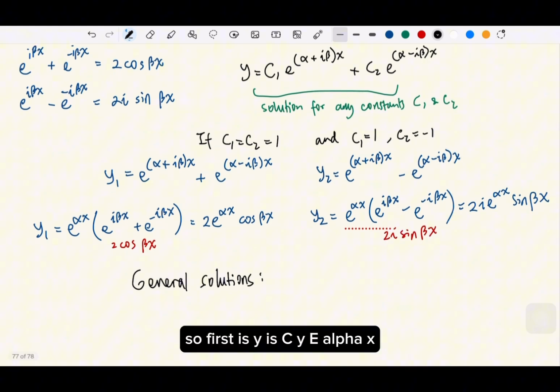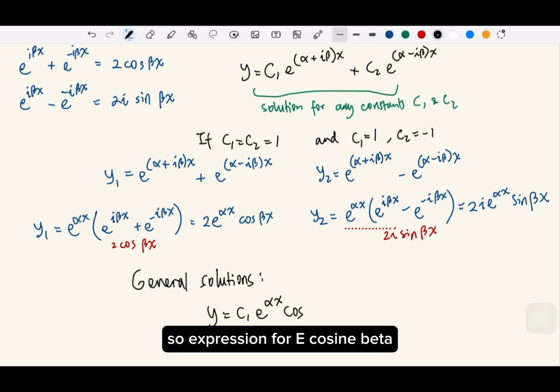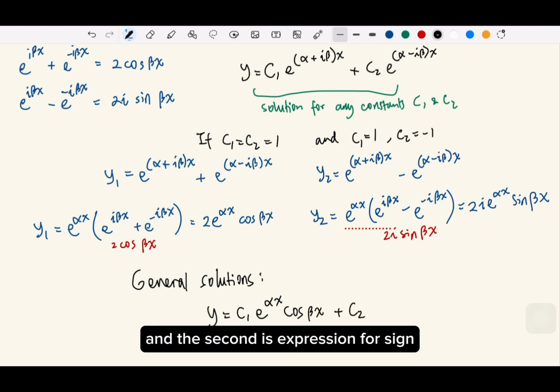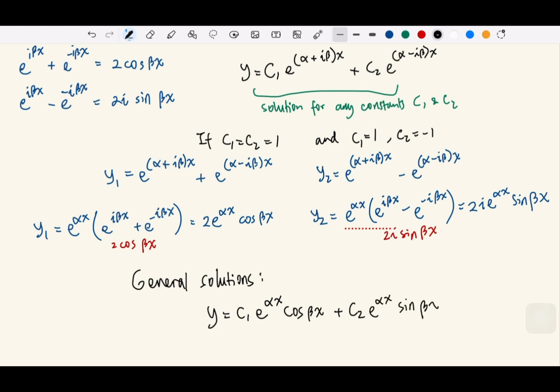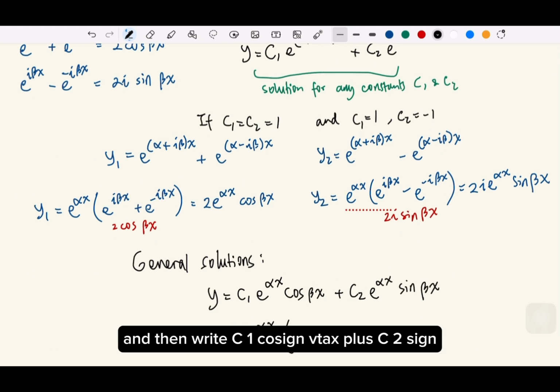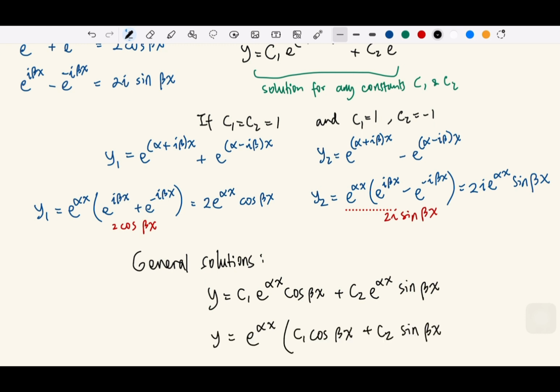So first is y equals C1 e to the alpha x times the expression for the cosine beta, and the second is the expression for sine. Or we can factorize the e and then write e to the alpha x times C1 cosine beta x plus C2 sine beta x.